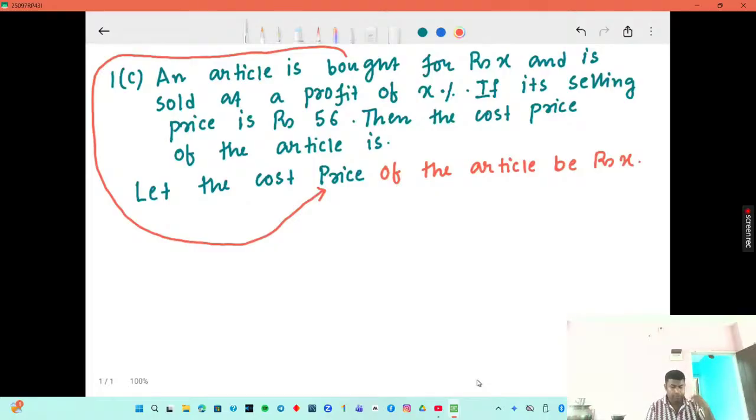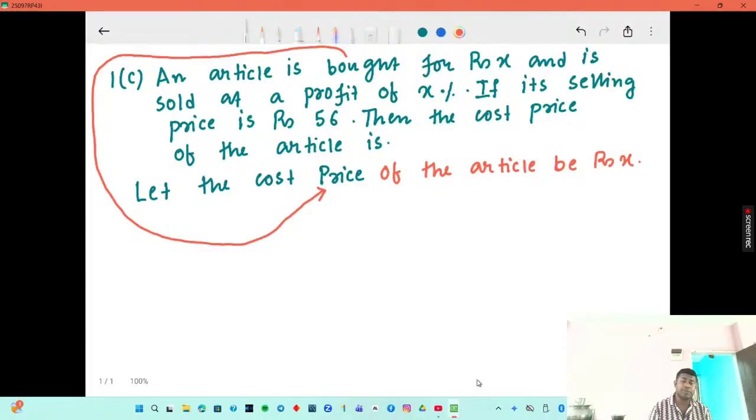So now we have to let the cost price of the article as rupees X. So now we have to find a relation between selling price, cost price, and the profit percentage. Okay. So now how do we solve this question?